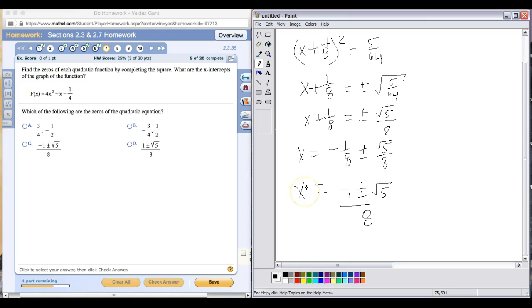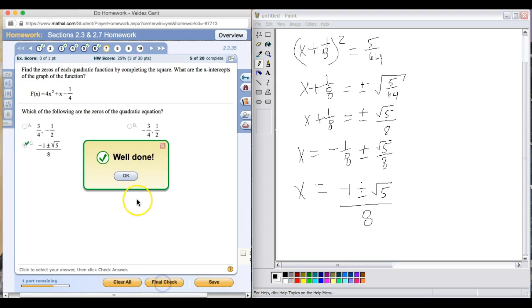What that tells us is that we have two x-intercepts. Both are irrational numbers, and we know it's irrational because square root of 5 is irrational. One is negative, one is positive. So we see that this should go with C here. This should end up being the answer.